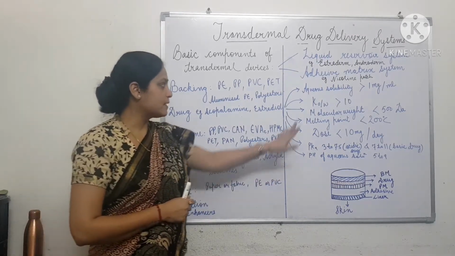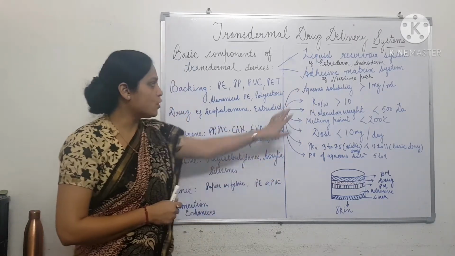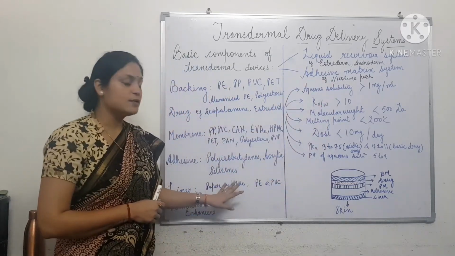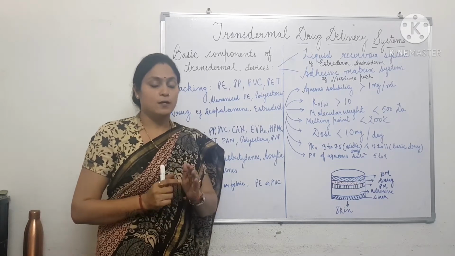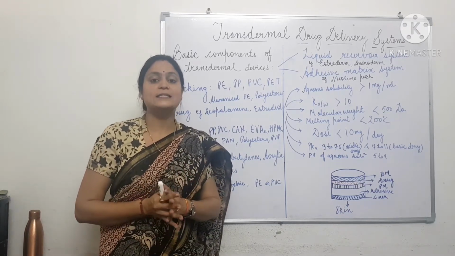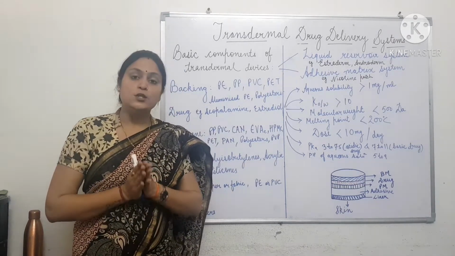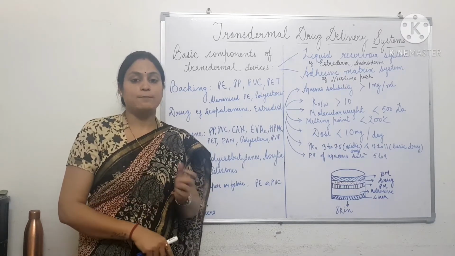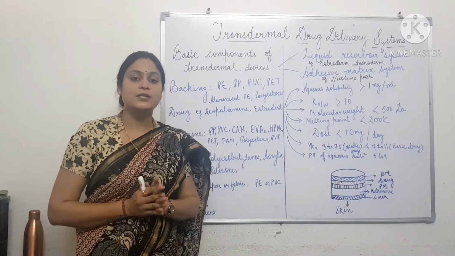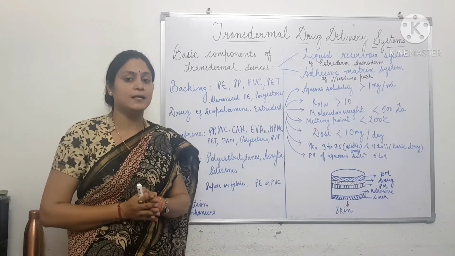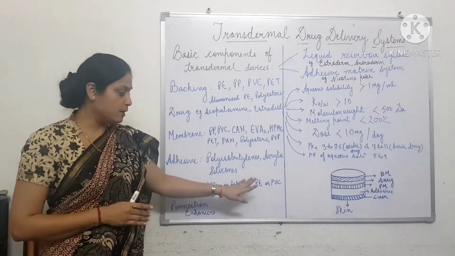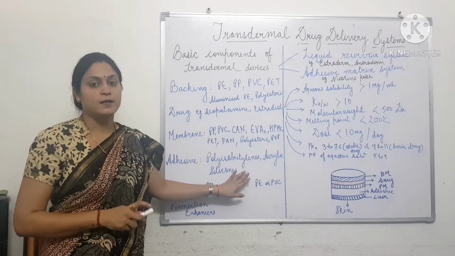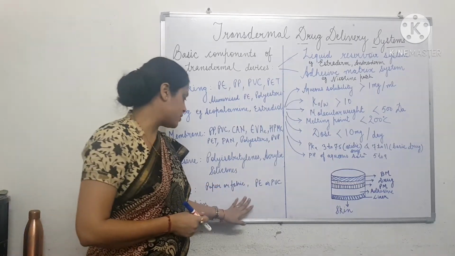However, in an in-phase adhesive system or adhesive matrix system, where the drug is incorporated in the adhesive, they require certain more qualities, such as being non-irritating to the skin because they are applied directly to the skin, being compatible with excipients and drugs, and being able to control the release of drug through the transdermal patch.